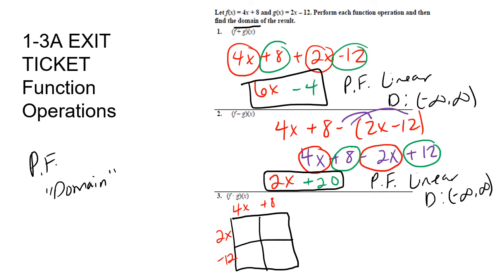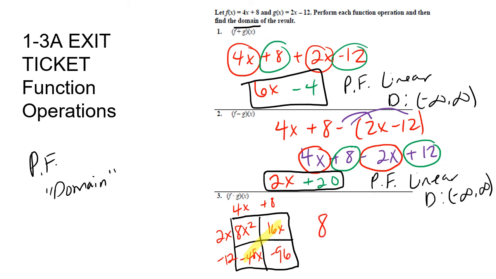So 2x times 4x is 8x squared. 2x times 8 is 16x. 4x times negative 12 is negative 48x. And negative 12 times 8 is going to give me negative 96. Notice again, my diagonals are my like terms.